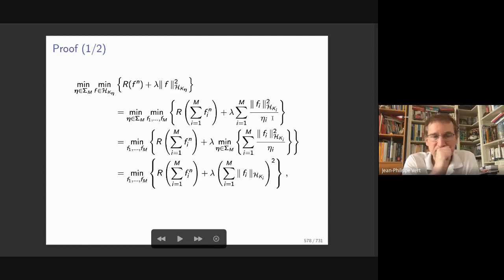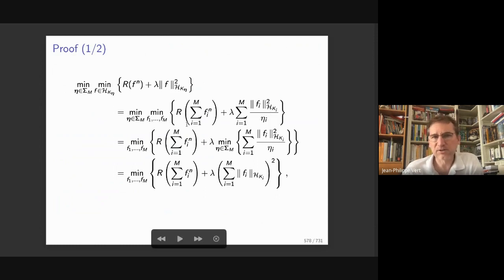Right? So something interesting here is that you see that the space over which you optimize does not depend on eta. You always optimize over functions f_1 to f_M, which are in the RKHS. And the risk term does not depend on eta either. The only contribution of eta when you optimize over eta is to modify the regularization.